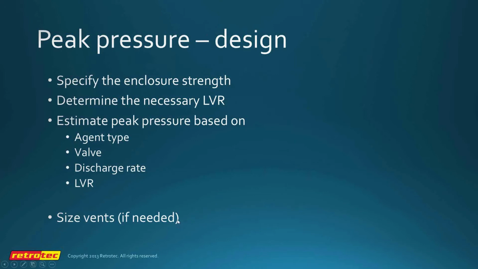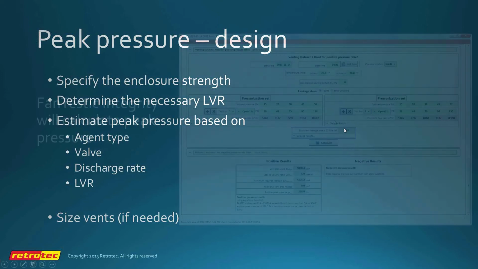Now, here we say if needed. The European design philosophy says that we do not use enclosure leakage as a way of venting pressure, so you can say that they're just about always needed, at least just about always need a pressure vent.